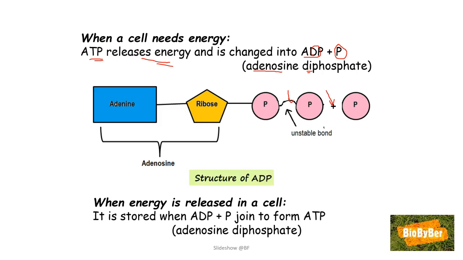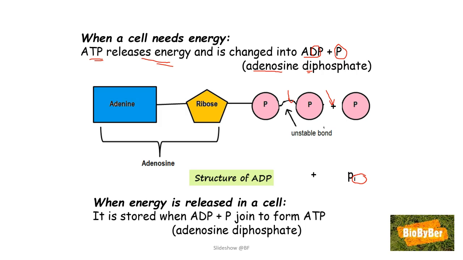ATP now becomes ADP and a phosphate group. You can see it has only 2 phosphate groups, adenosine diphosphate. We have included the little abbreviation here, the letter I, because on occasion you might see that written down and it stands for inorganic phosphate.